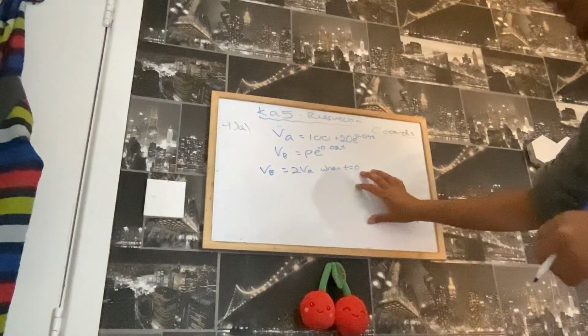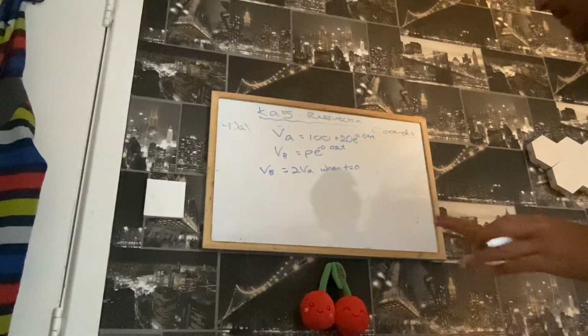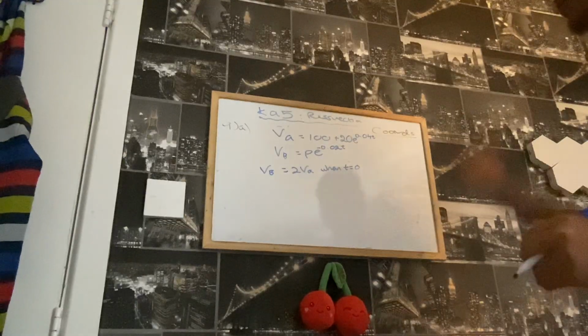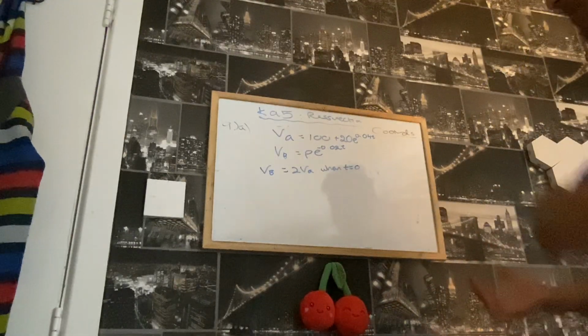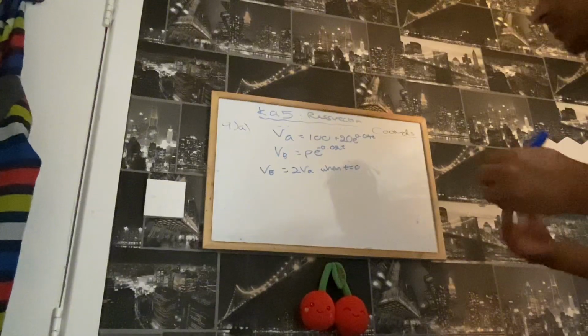That piece of information is extremely key. So now what we have to do is find out the value of VA, times that by 2 to find out the value of P.